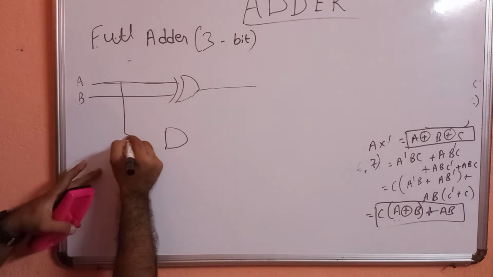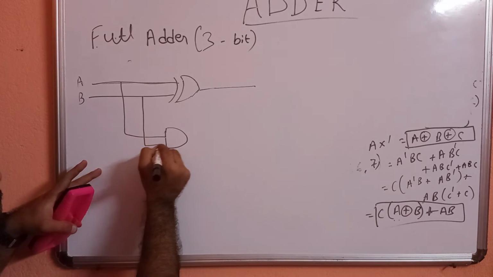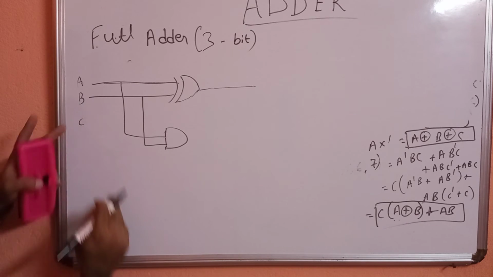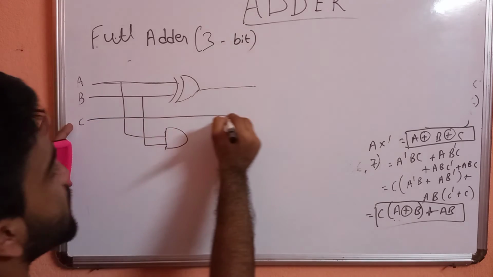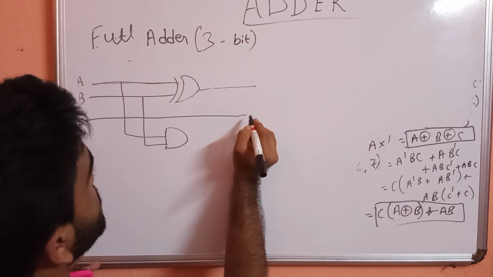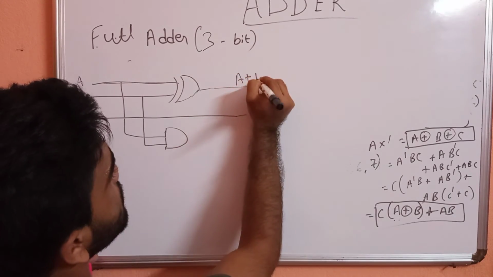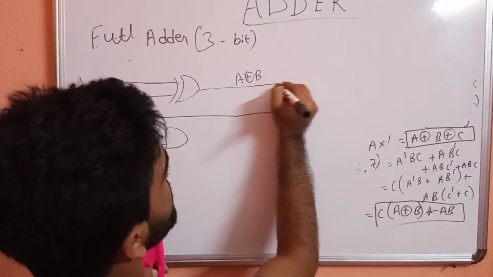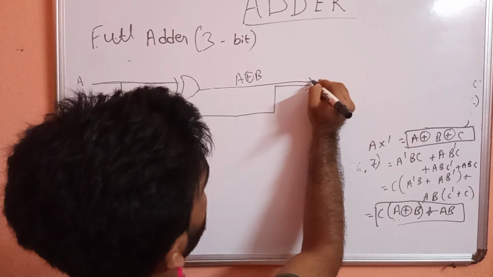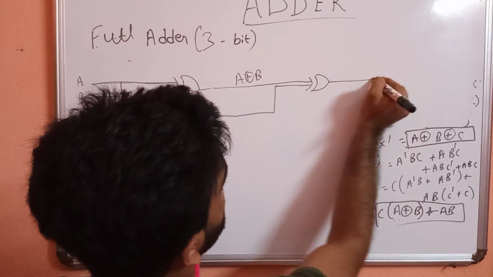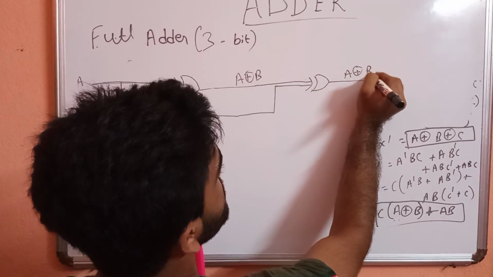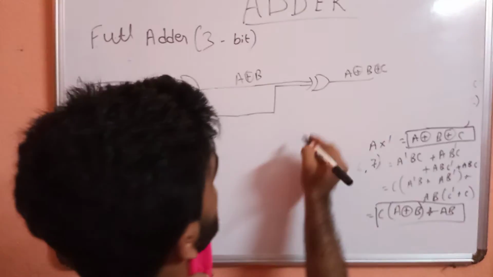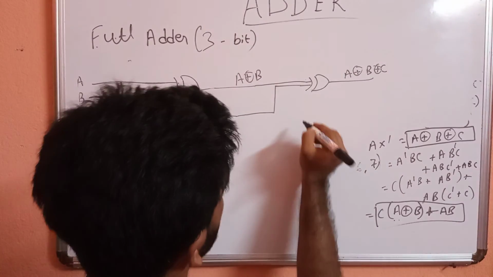We'll also do like this, A and B here. Okay, there is another input C. You are drawing the full adder, that's why. So this is A XOR B. Now we will do XOR with C. A XOR B XOR C. So this is my expression for sum. We have got.